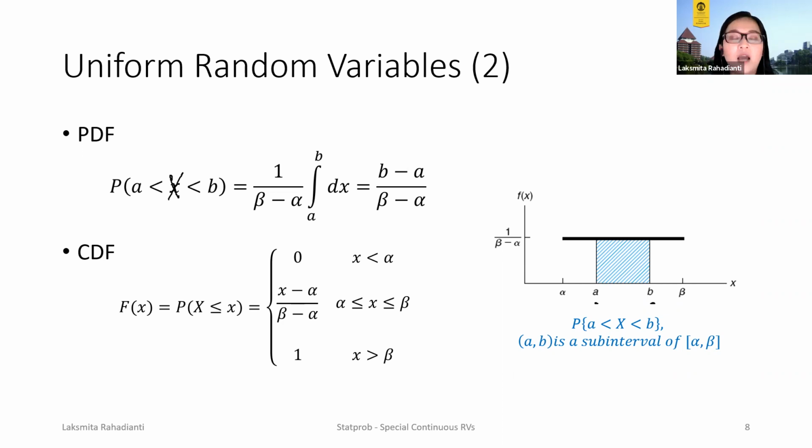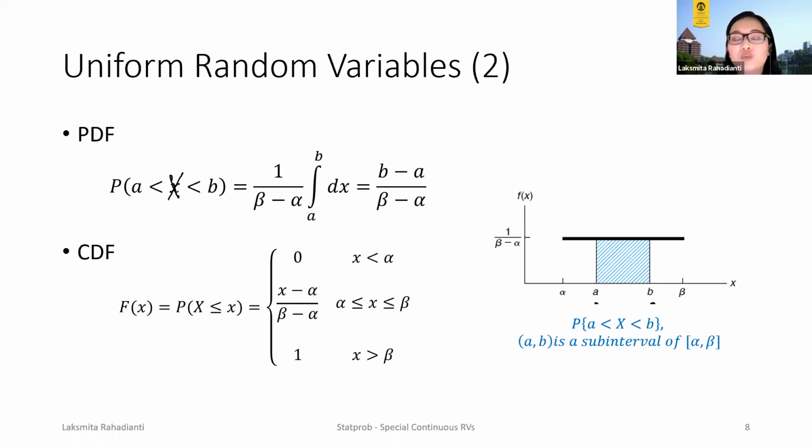So what's the probability our random variable is between A and B? But we also need to know the uniform function itself. Where is it valid? Is it valid from 0 to 6 or whatever? That is your alpha and beta. And as such, we can then compute the CDF as follows. You write it down like in the bottom here. It should be 0 at any value below the lower limit of the uniform function.